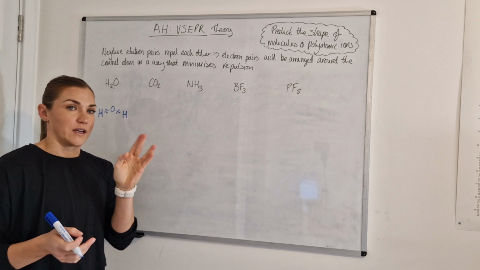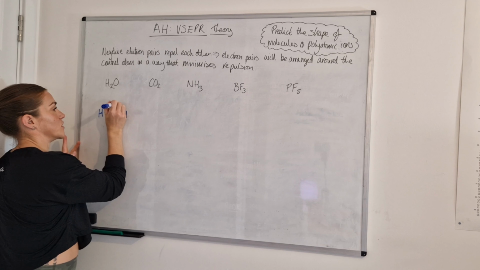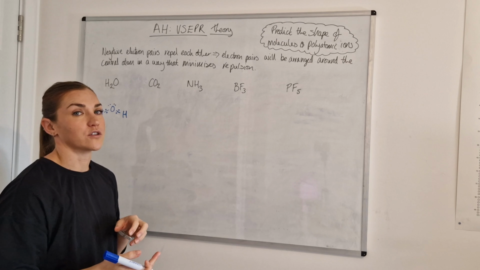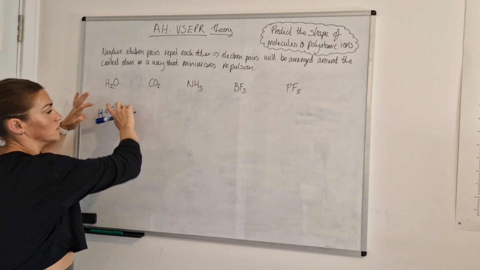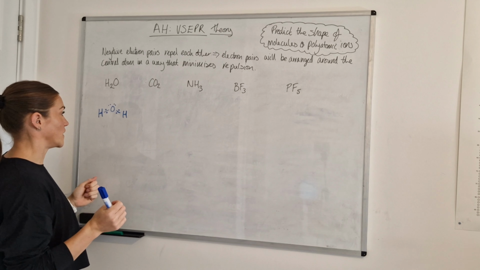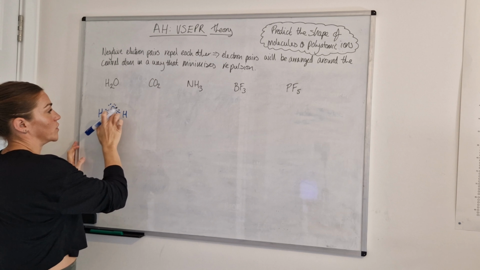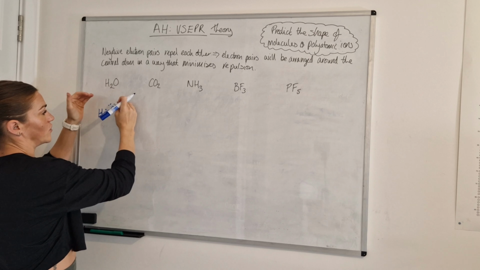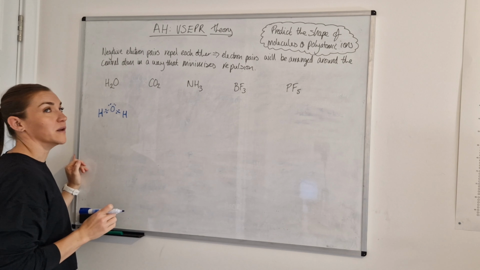Those 4 valence electrons will pair off, giving me 2 what we call lone pairs. These electrons here are classed as a bonding pair because they're involved in a covalent bond. These 2 here are classed as lone pairs because they are not involved in any bonding at this point in time. Because we then have 4 pairs of electrons around the atom, they are all going to space out as evenly as possible in order to minimise the repulsion.